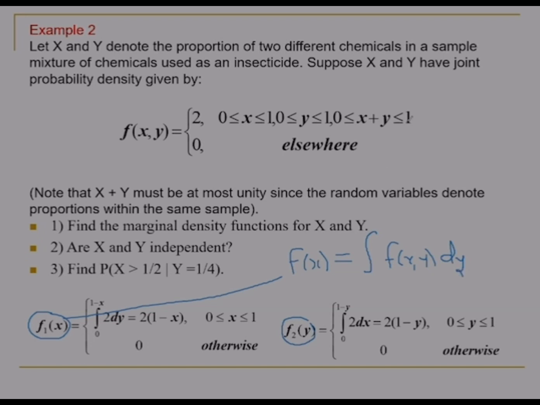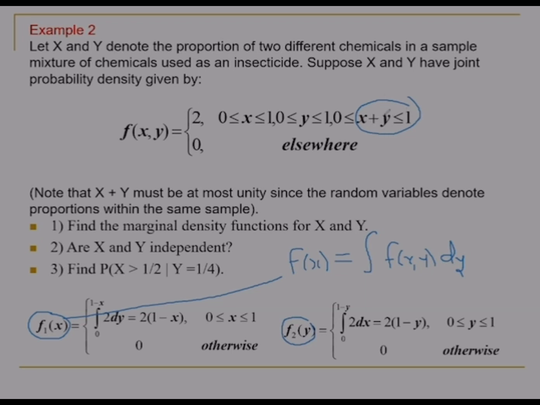And right now, don't forget this additional information given: even though x lies between 0 and 1 and y lies between 0 and 1, you also need to take into consideration that the addition of the two variables has to be less or equal to 1.